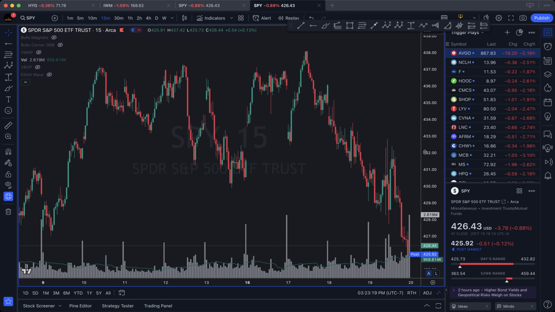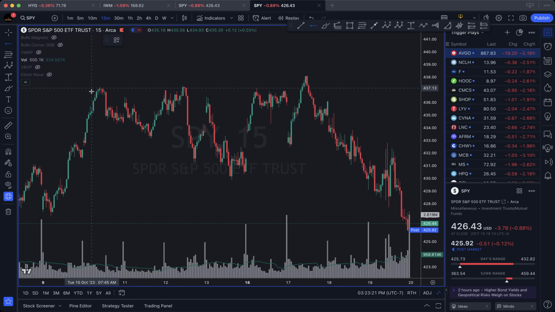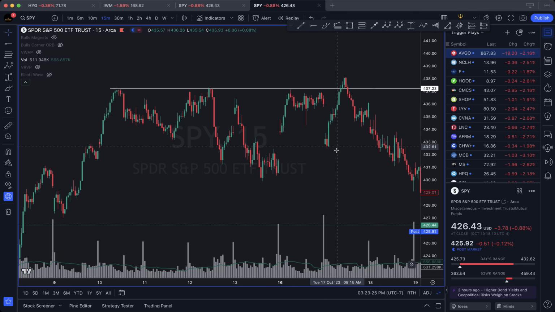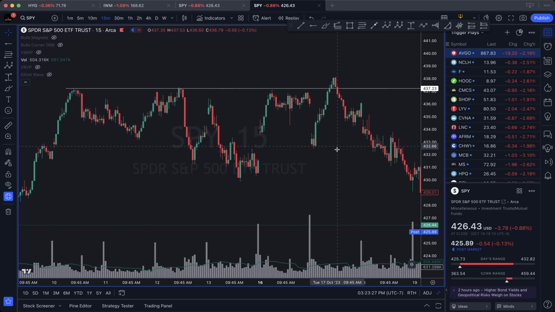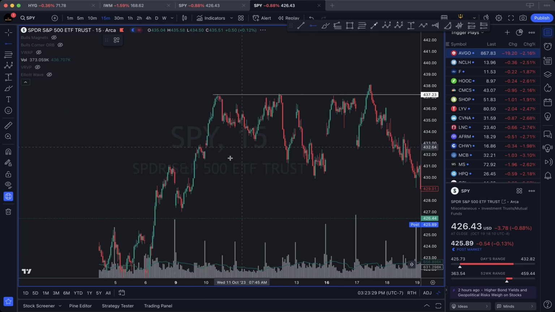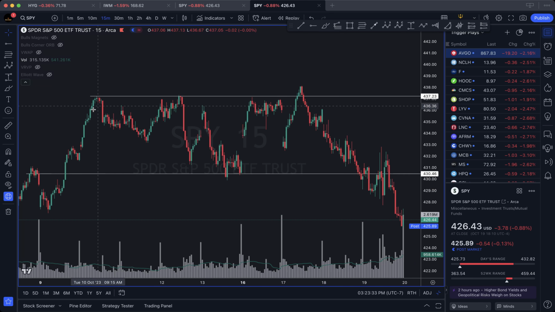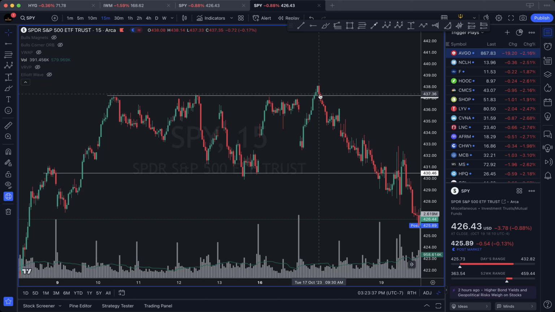So let's look at a recent example on SPY. You can see everyone was watching this fake out on the range on SPY. A clear range was forming, and a couple of times price tried to break out, and then finally price did break out of that range.